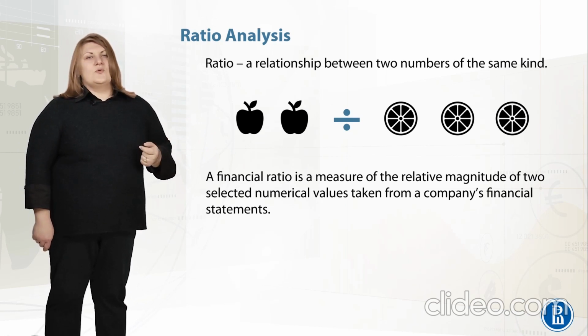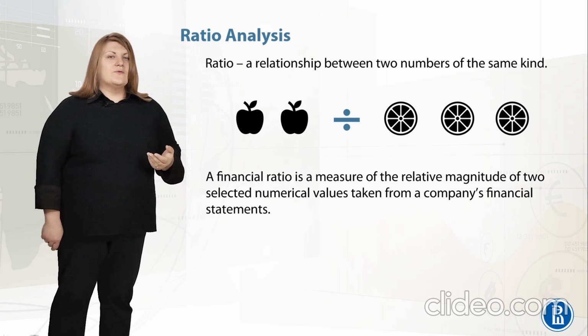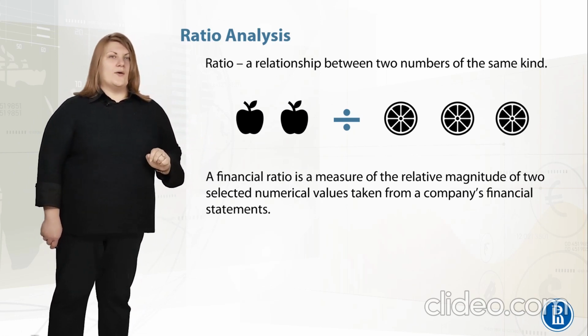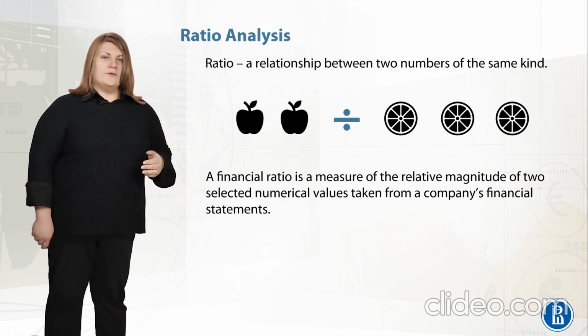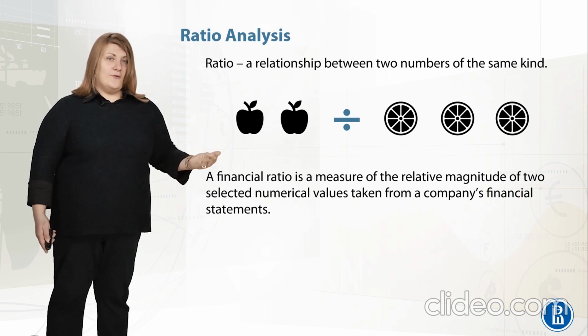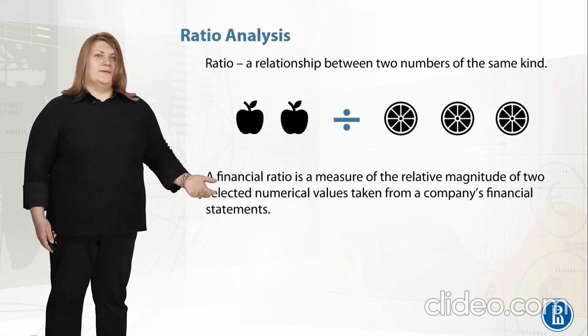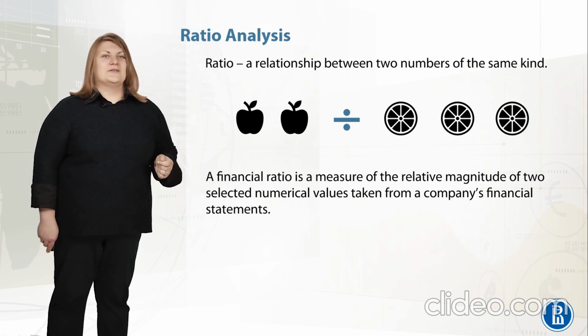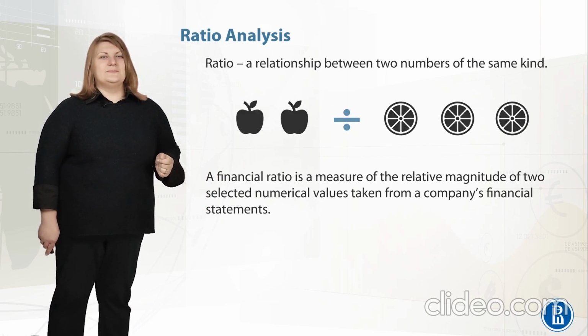A financial ratio is a measure of the relative magnitude of 2 selected numerical values which are taken from companies' financial statements. But instead of apples and oranges, we will have financial statements.